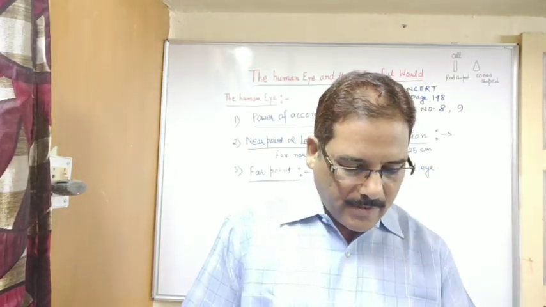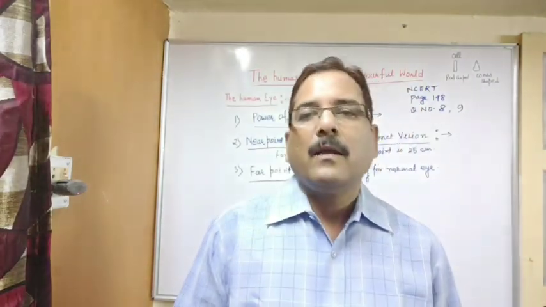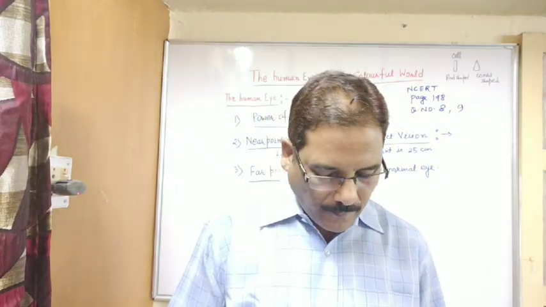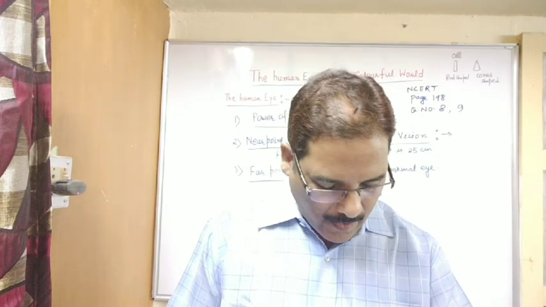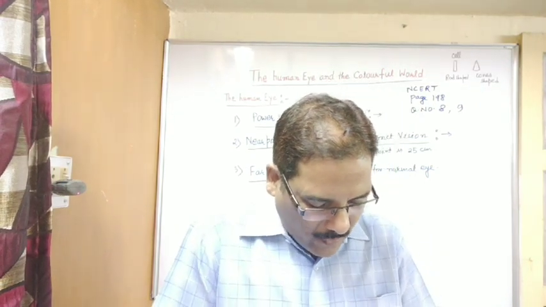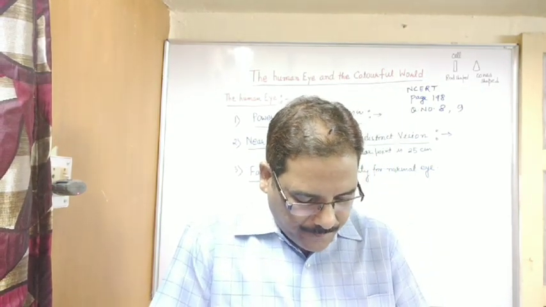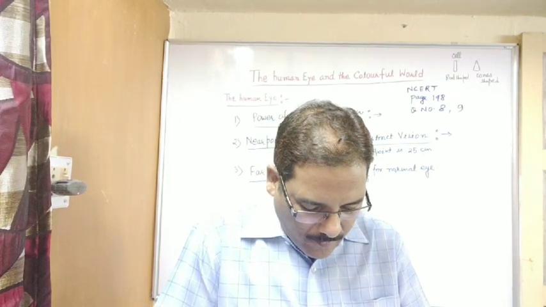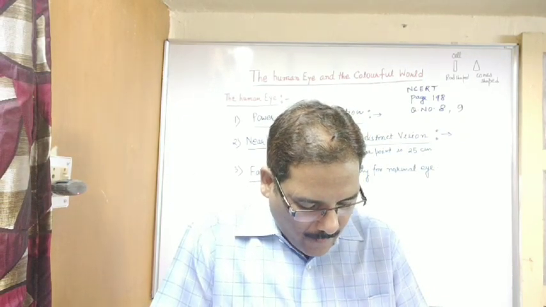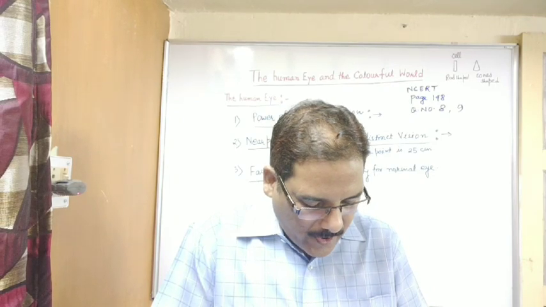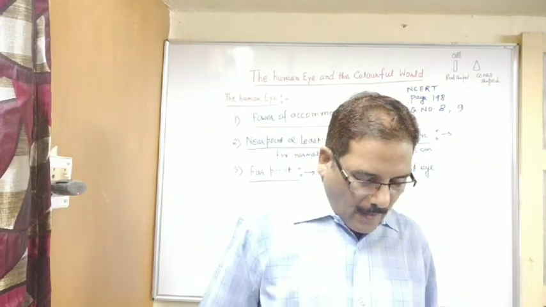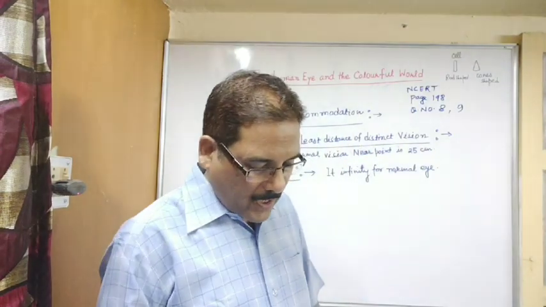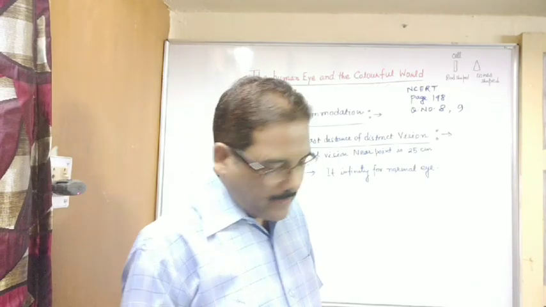Now in the next class we will discuss a very important topic, that is defects of vision. Now, after these questions, on page 190, you will solve question number 1 and 3.